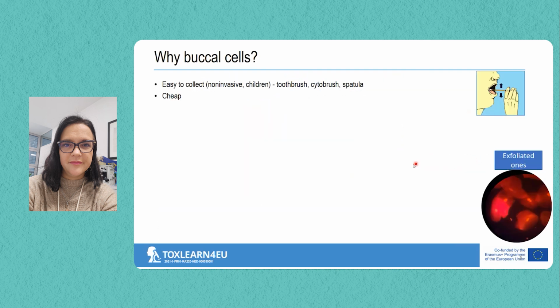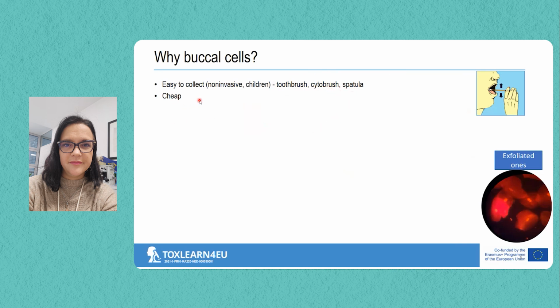So why buccal cells? They are really easy to collect, and when you are sampling the buccal cells, this sampling is part of the non-invasive techniques when you are comparing them to blood sampling. So they can be easily performed also in children. You don't need any kind of specific equipment to sample those cells, so you can use either a toothbrush, cytobrush, or spatula.